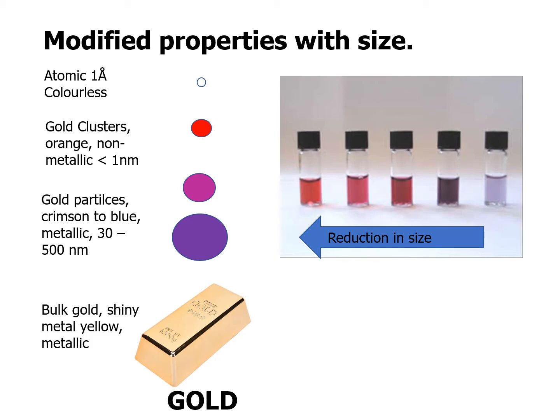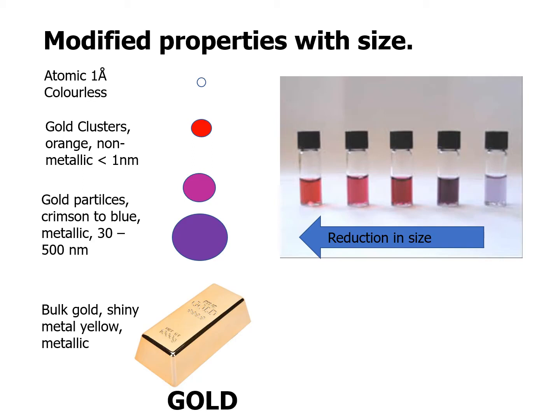For example, if we take gold, we know that gold is a shiny metal, it's yellow, it's metallic, and this would be the same if we had 1 gram of it or if we had 100 grams of it. If we had the same gold and we go to the nanoscale, we can actually see that we have complete changes. We can change, for example, the color from crimson to blue if we're in 30 to 500 nanometers in scale.